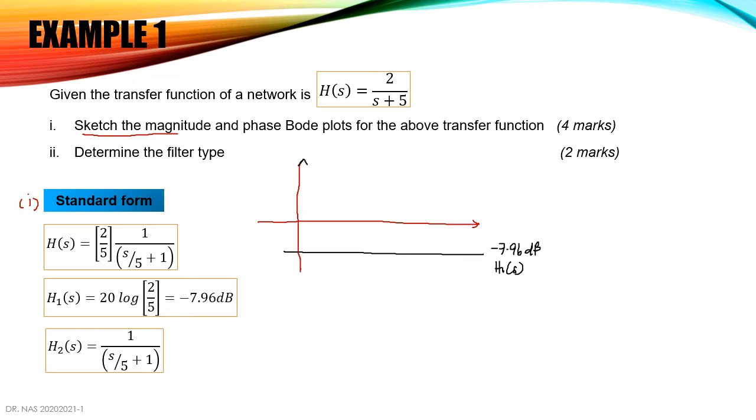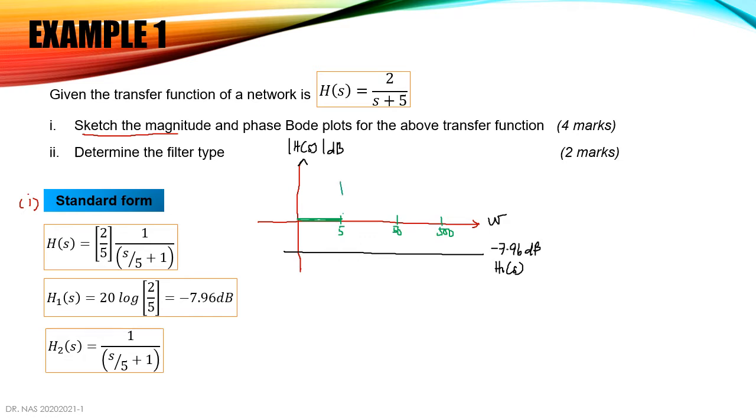Next you have the pole at 5. Okay, so it's 0 from 0 to 5, and then you have negative 20 dB per decade from 5 onward. So this is 5, and then 50, and then 500, and so on.